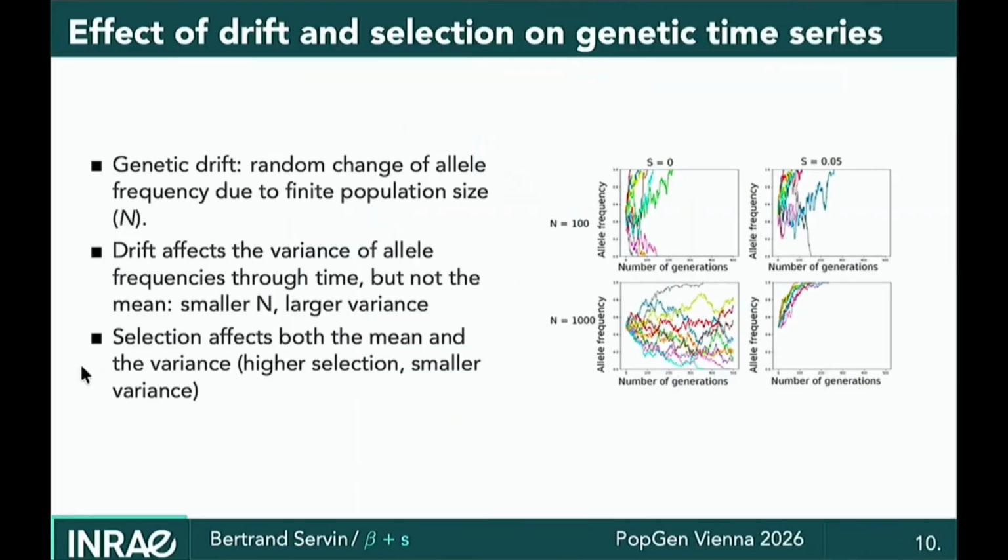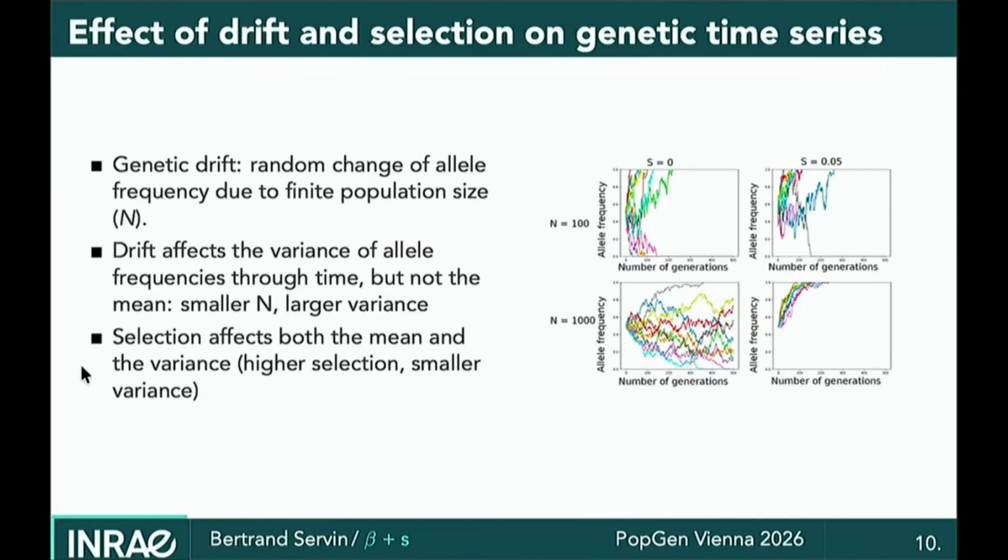If we think about how genetic parameters change these frequency trajectories, genetic drift affects the random change of allele frequency from one generation to another. The smaller the population size, the higher the variance. So drift only affects the variance; the mean is not affected. Selection, on the other hand, affects both. In this example, the left-hand side is no selection, with a small population on top and a large population on the bottom.